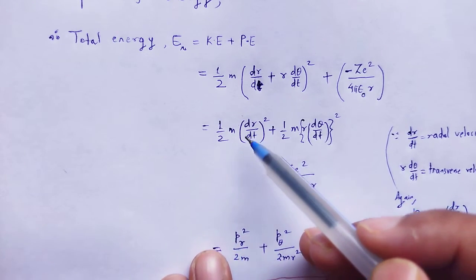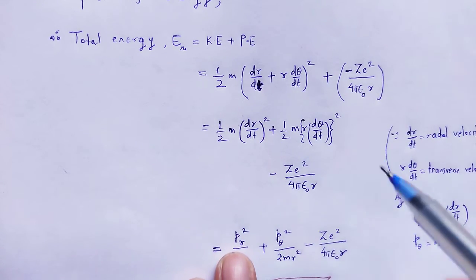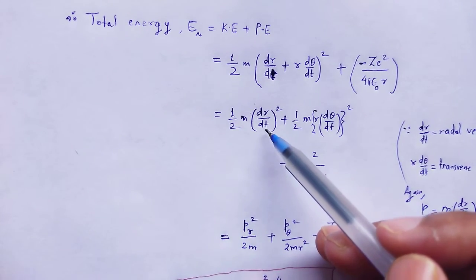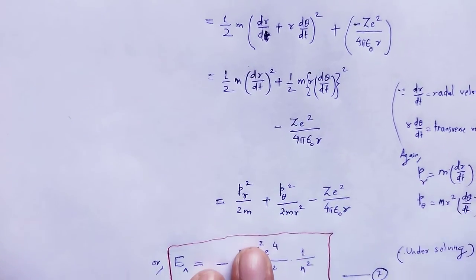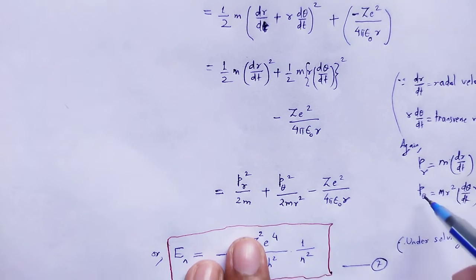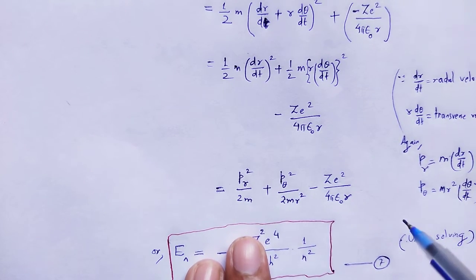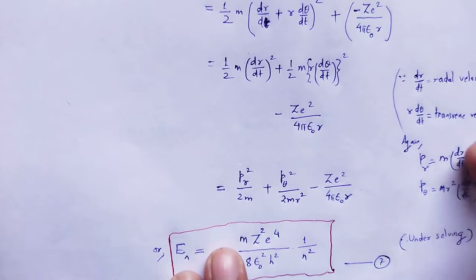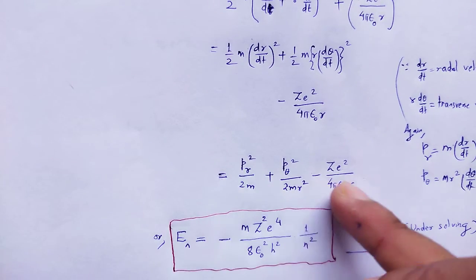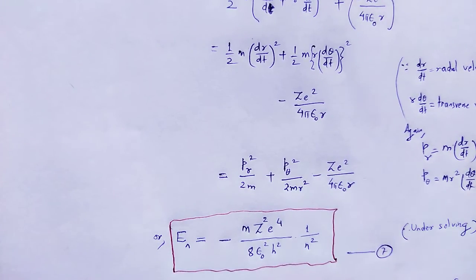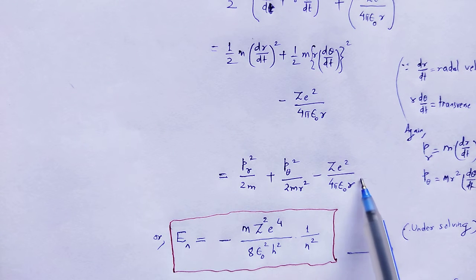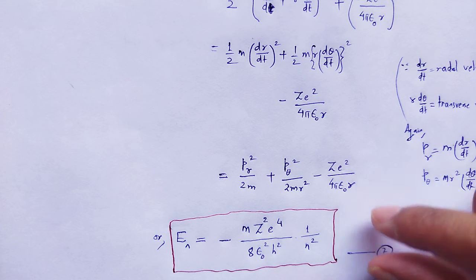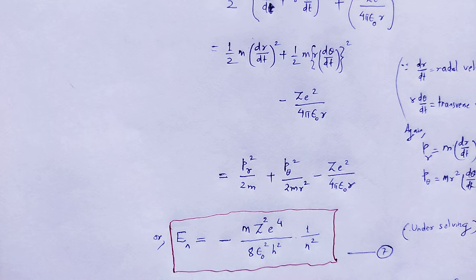Simplifying it, half m (dr/dt)² plus half m r² (dθ/dt)², where m dr/dt is pr and pθ is equal to m r² dθ/dt, as we previously derived. Finally, there are a number of mathematical lines, but as far as your exam point of view is concerned, that derivation is not required.